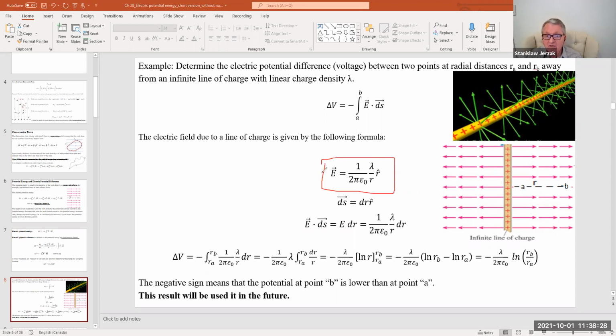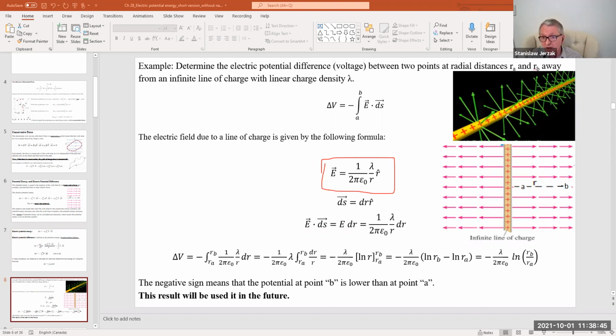This expression was derived in two different ways, by using integration and by using Gauss's law. The electric field is given by this expression, where lambda is the linear charge density on the line of charge, and r is the perpendicular distance from that line.